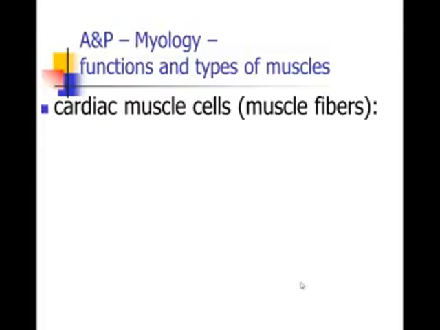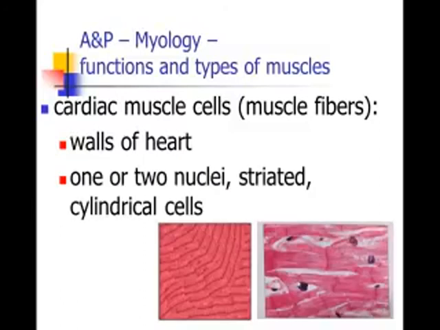Cardiac muscle cells, sometimes called cardiac muscle fibers, are found in the wall of the heart. That shouldn't be too much of a surprise. And they typically have either one or two nuclei. They are striated, which is consistent with skeletal muscle. The fact that they don't have as many nuclei is not.